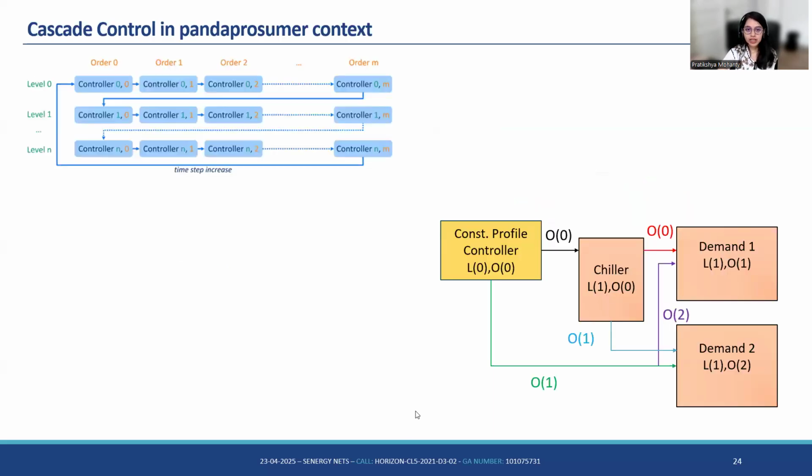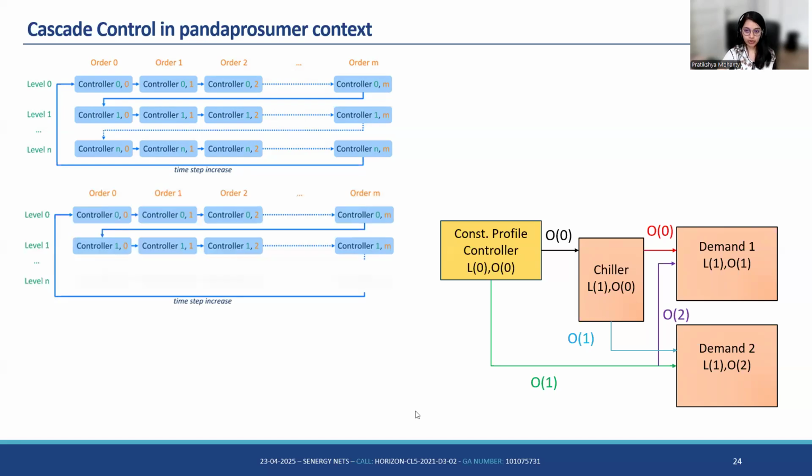Then what is important to mention is that in pandaprosumer we have two concepts known as level and order, and this becomes particularly important in a configuration in which there is a chiller or a heat pump, for example, and it has to meet two demands. It can be understood as follows.